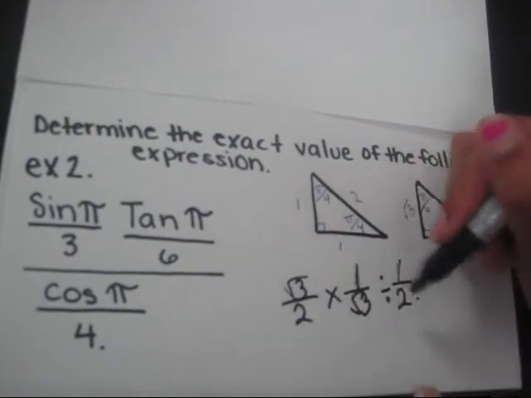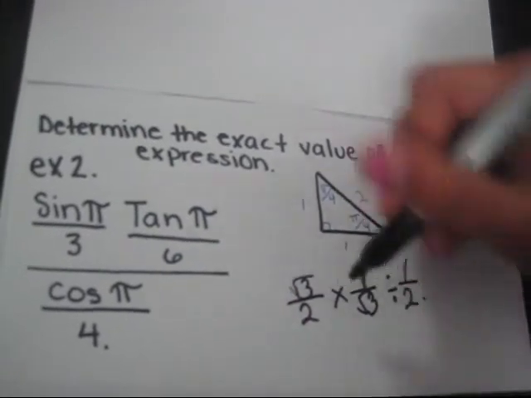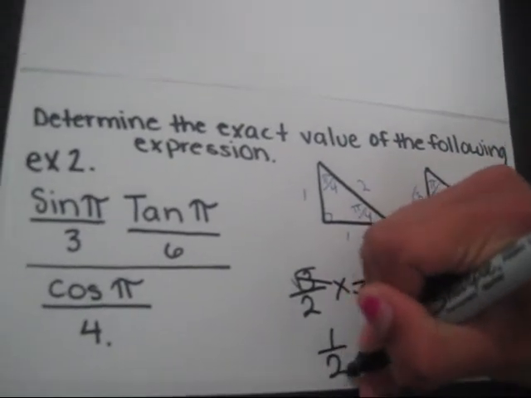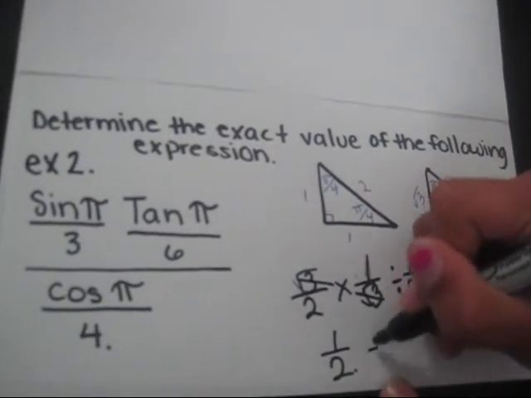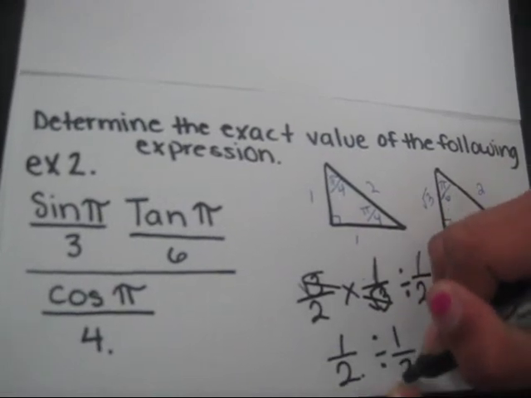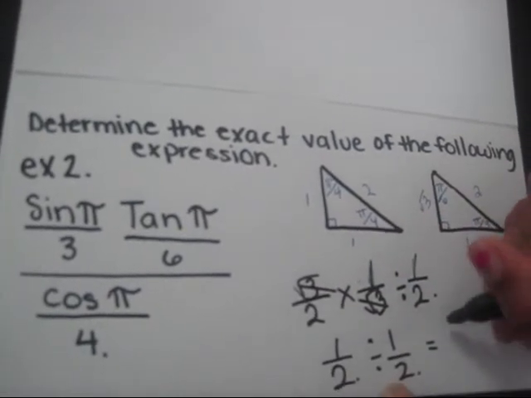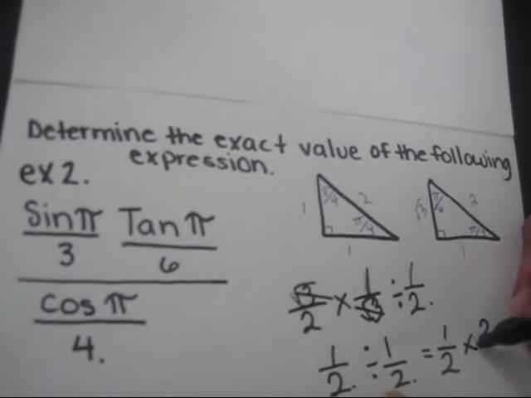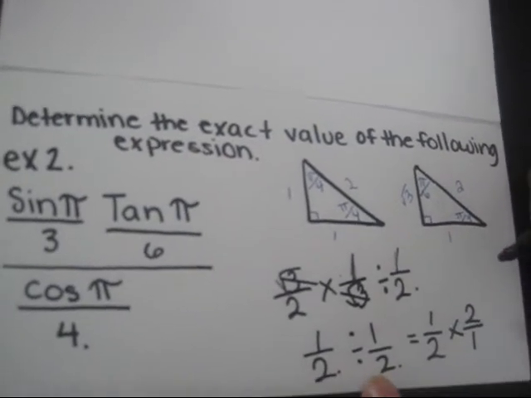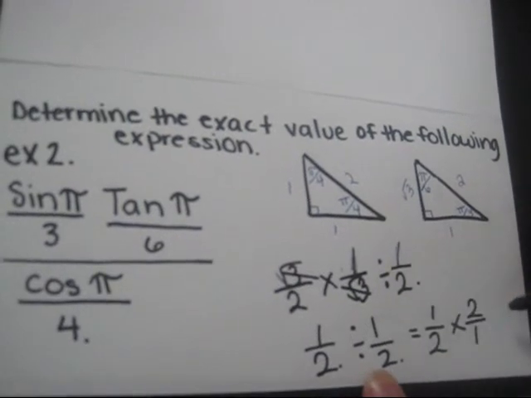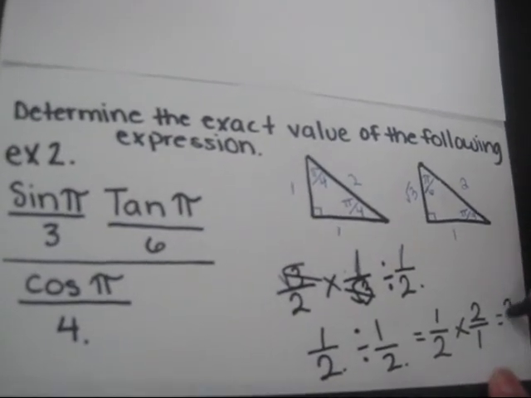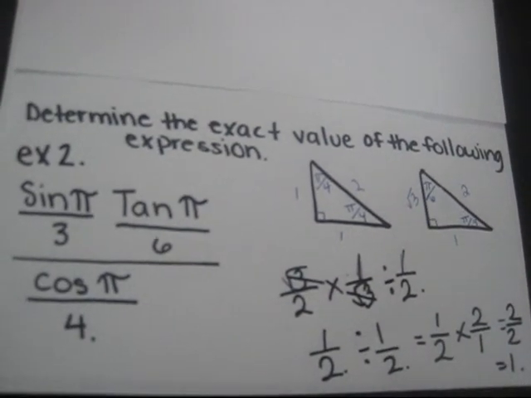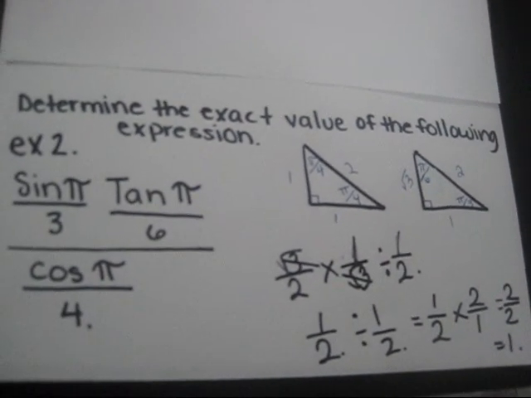Looking at the first part, the root 3s can cancel out and it'll be left with 1 over 2. And since it's divided by 1 over 2, it can also be written as 2 over 2, which equals 1, which is the exact value of this expression.